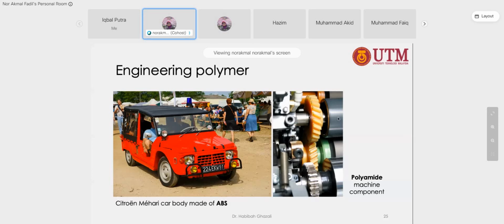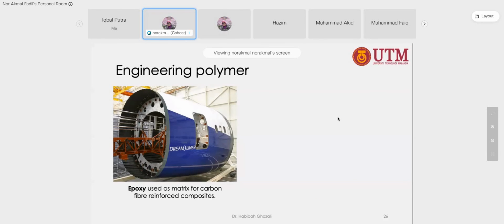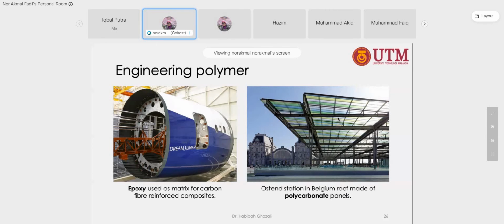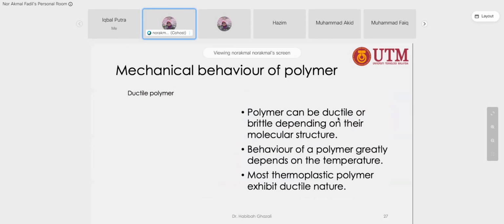Polyamide for machine components, and epoxy used as a matrix for carbon fiber reinforced composite. So we use epoxy in the composite application. Okay, polycarbonate panels we use for the roof, polycarbonate roof.